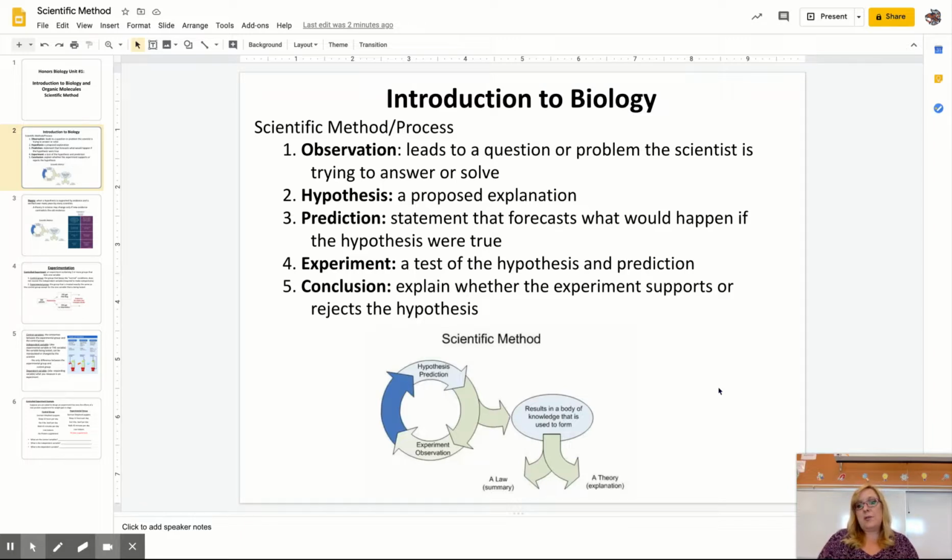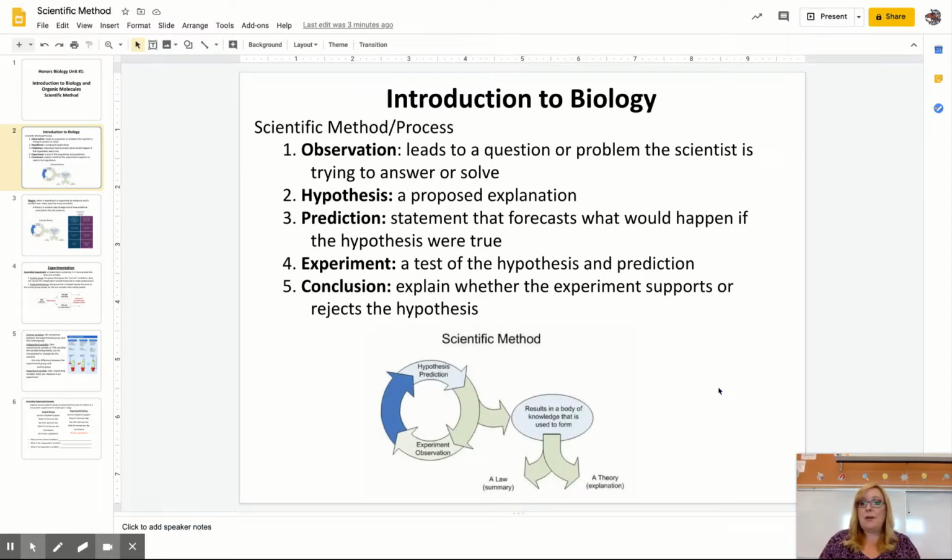And so your prediction is that it would improve it, or maybe that this fertilizer would hurt it. So you have your hypothesis, which is an explanation of fertilizer affects plant growth, and your prediction is that it would increase the plant growth, or your prediction would be it decreases the plant growth.